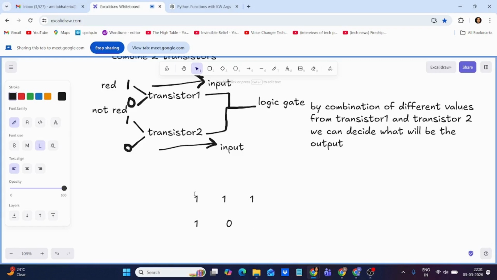So not red means 0. And if both are 0, not red and the other also not red, what will be the output? Not wearing red, and false. 0, right? So you got the boolean table for the AND gate. You just solved the AND gate.